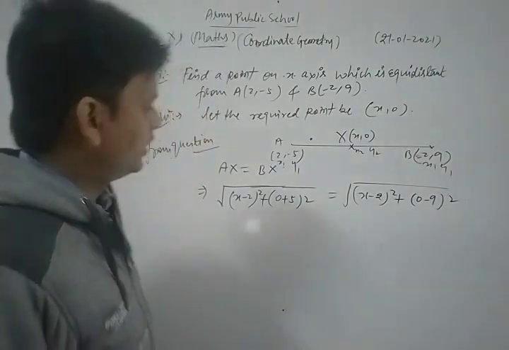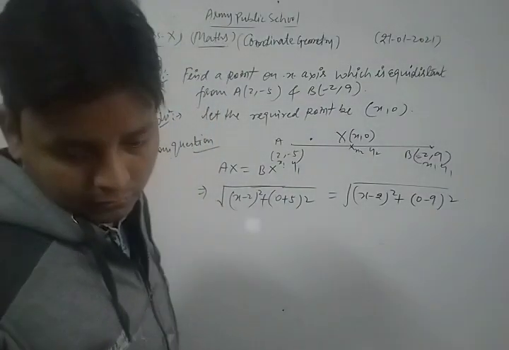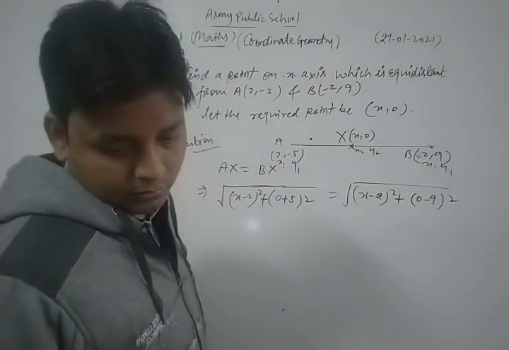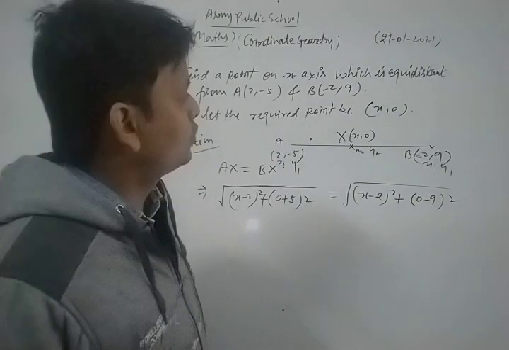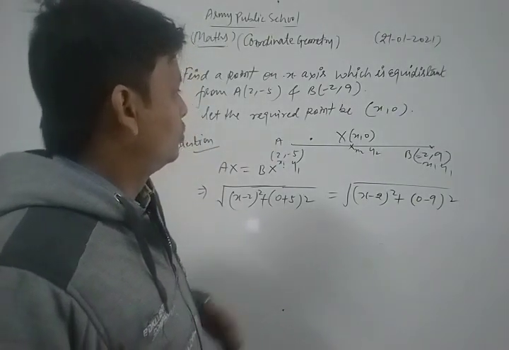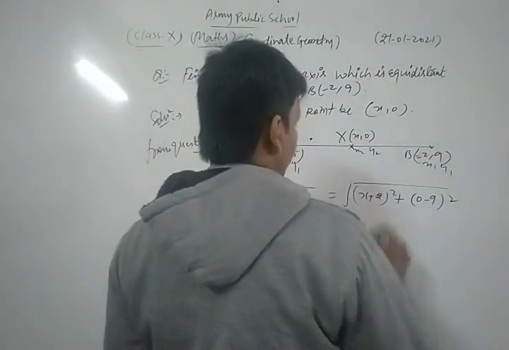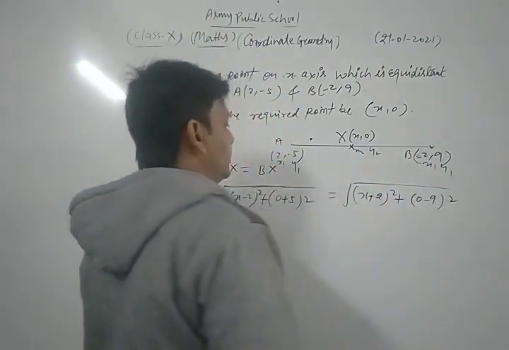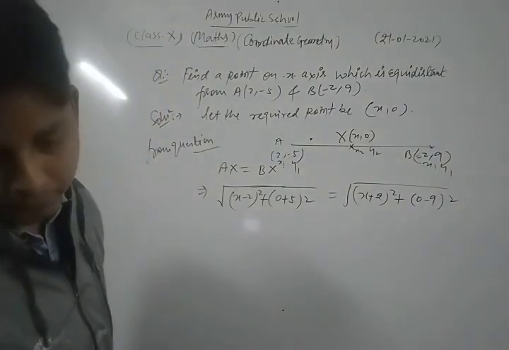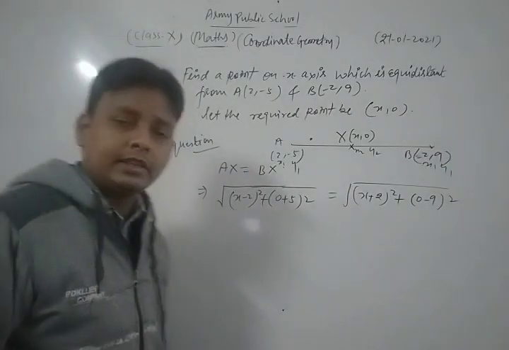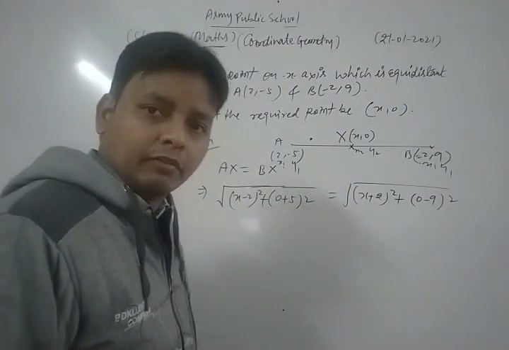Okay, now let's see. Now we simplify the given expression. Squaring both sides removes the square root.